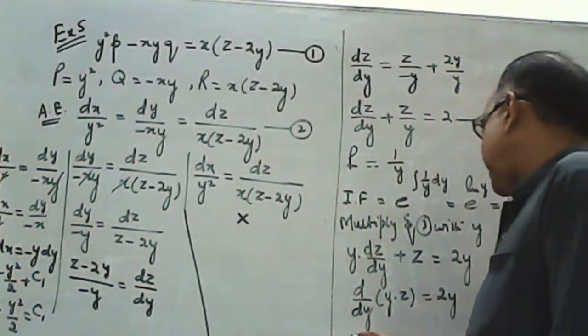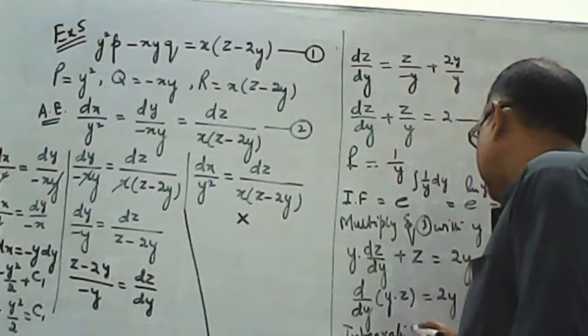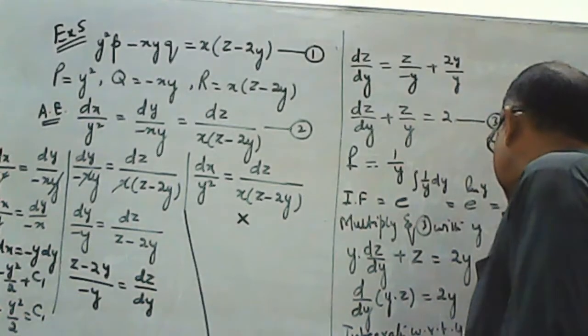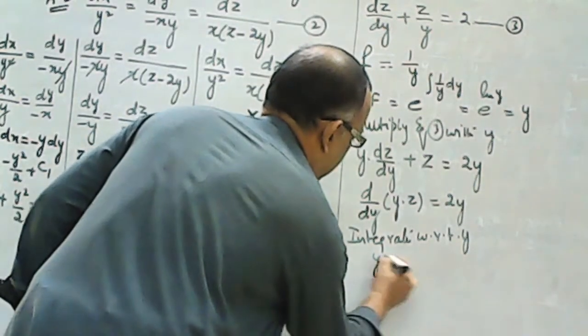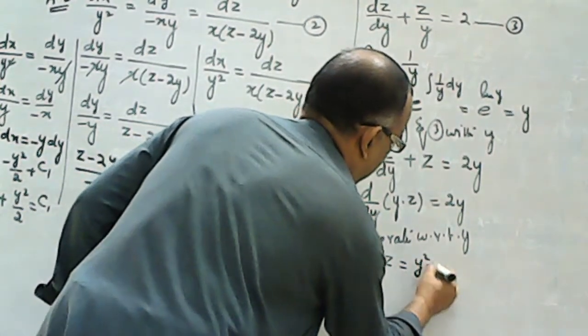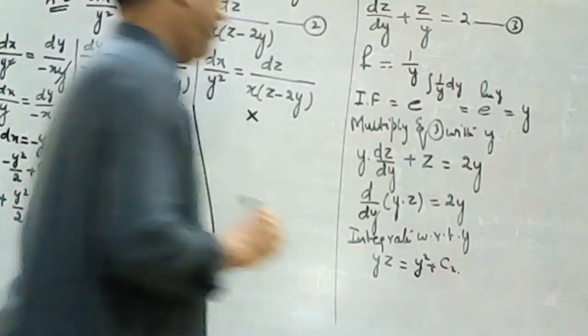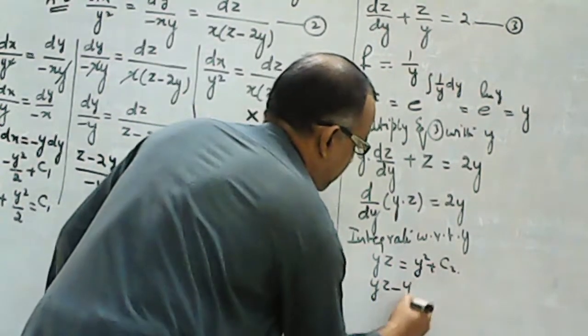Integrating both sides with respect to y, on the left hand side we will have yz equal to y square plus c2, or yz minus y square equal to c2.